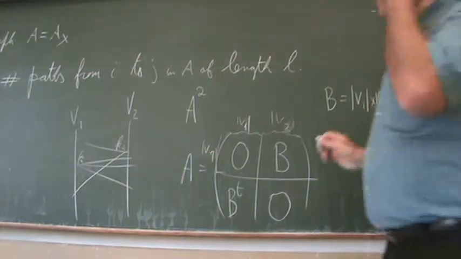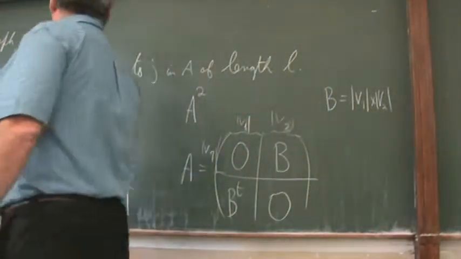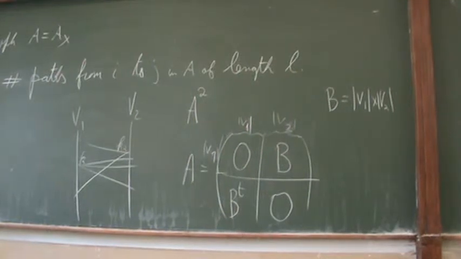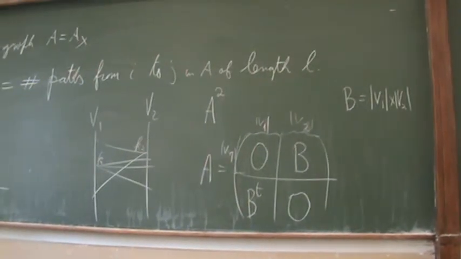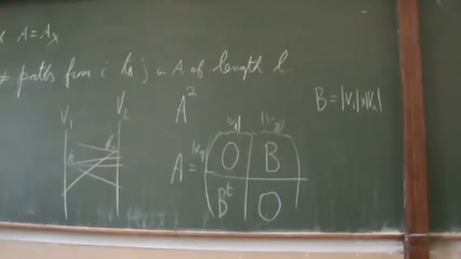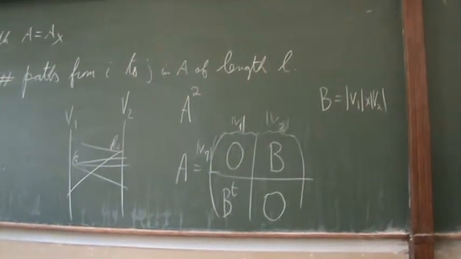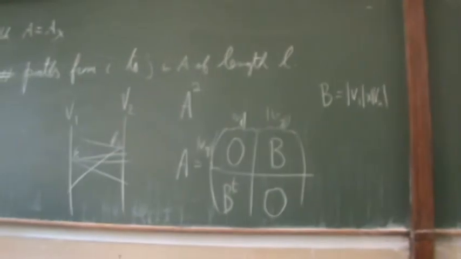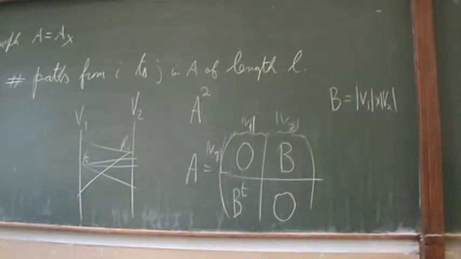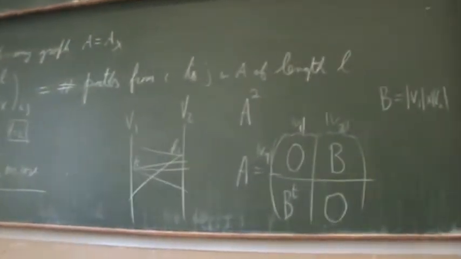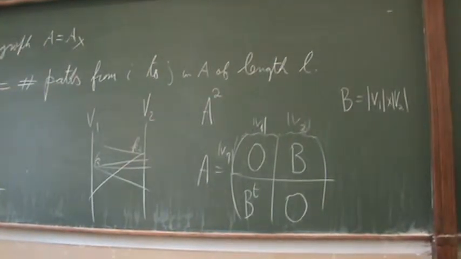And so what is A squared? A squared counts the number of paths of length 2 from a vertex X to a vertex Y. But a path of length 2 in such a bipartite graph can go only from V1 to V1 or from V2 to V2.